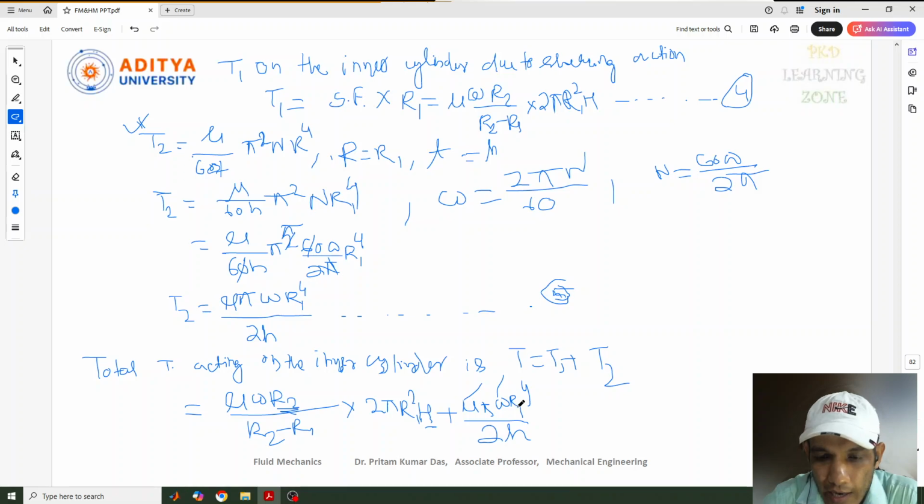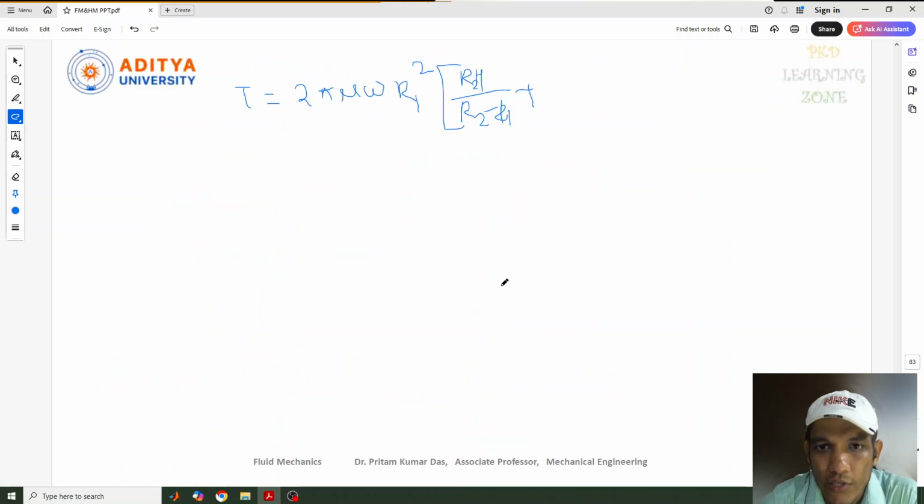Then R1 to the power 4, R1 square gone, so only R1 square. We have also taken 2 common, so here it is 2 multiplied by 2 in the denominator, so 2 into 4, so 4H. So this term is R1 to the power 4 divided by 4H.